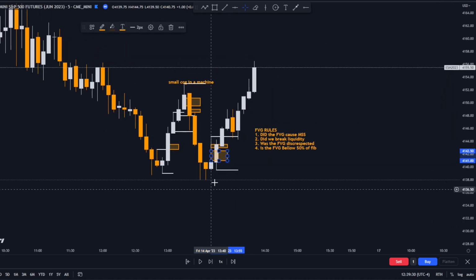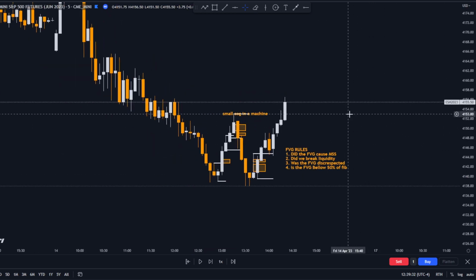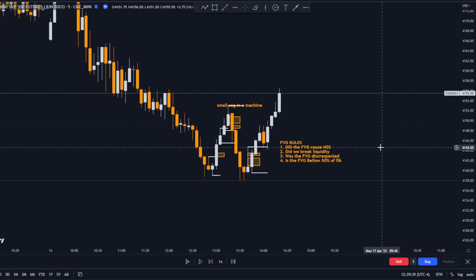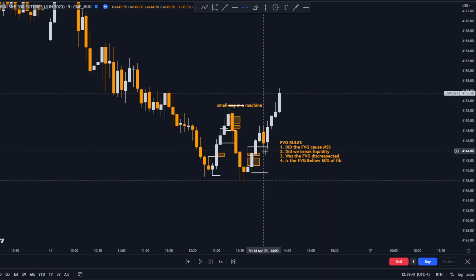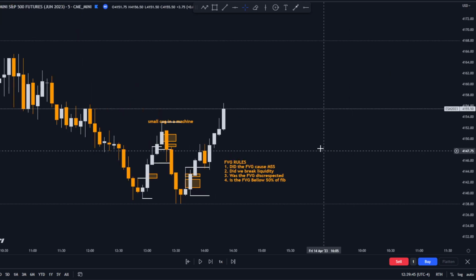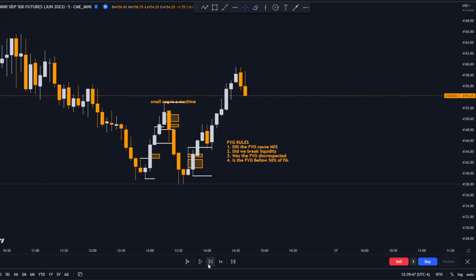And my bias currently, after breaking this liquidity here, is that we might be going even higher. But before that, I would like to see a retracement to enter a trade. If that doesn't happen, I'm fine with that. But for entering another trade, I would like to see that.